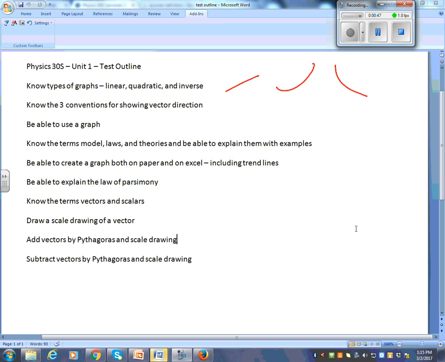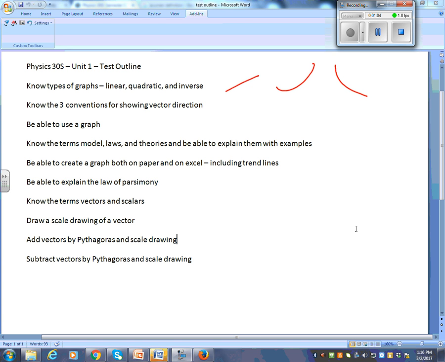Number two, you should know the three conventions for showing vector direction. These aren't really in any sort of order. Looks like I pulled it off an old test. So, Zane, you realize I'm telling you what's on the test tomorrow, right?